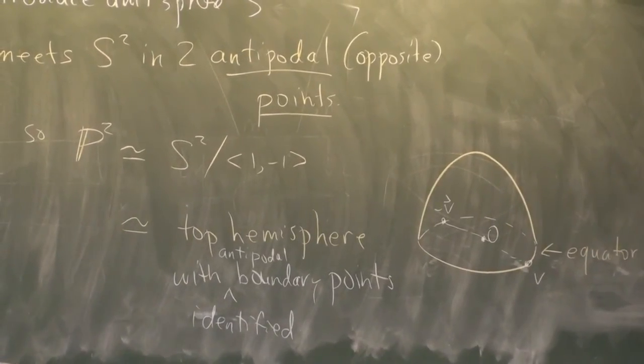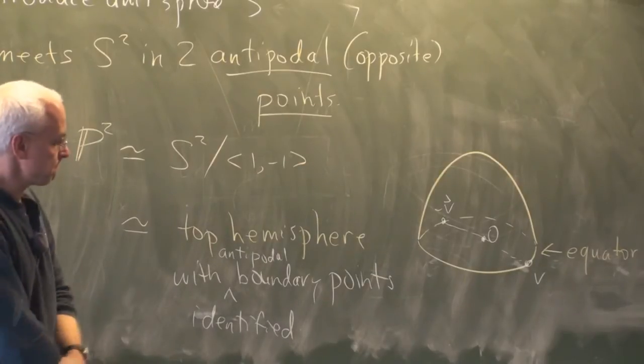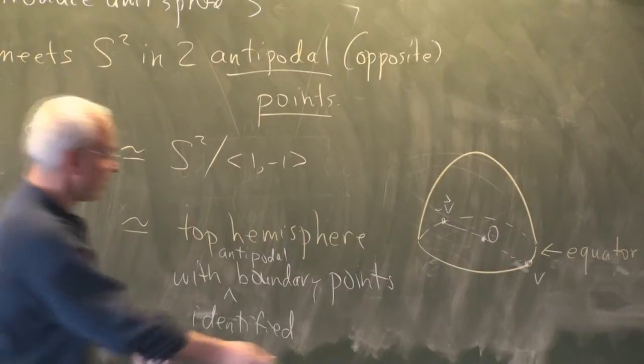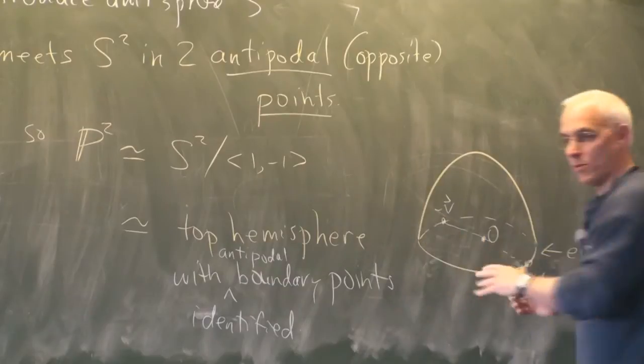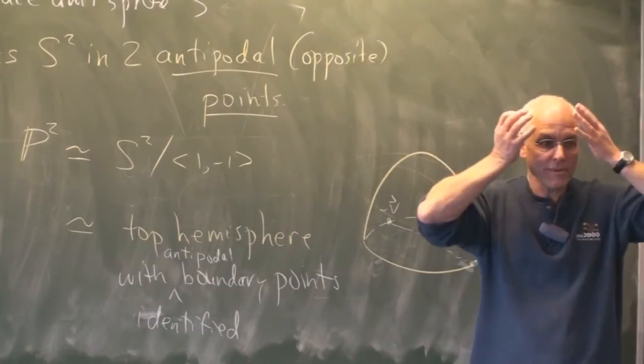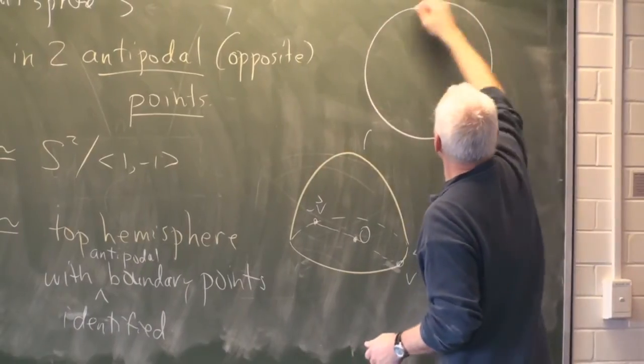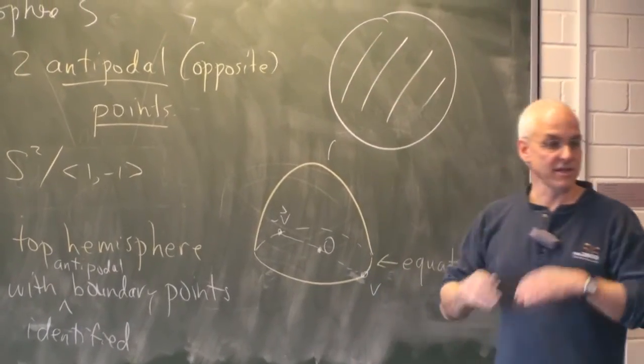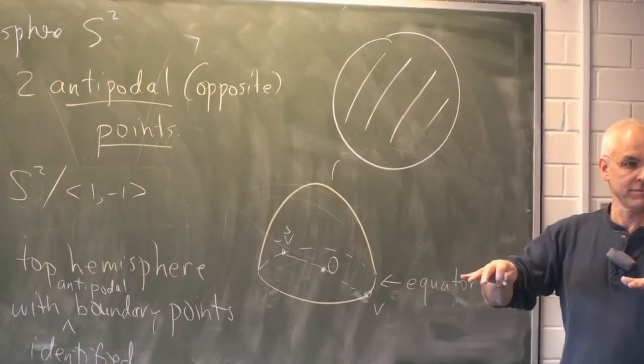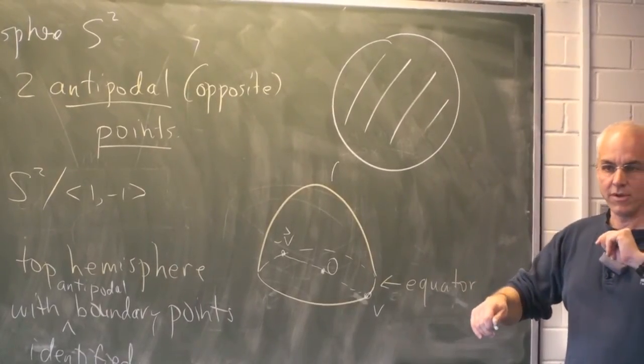Okay, so how does that identification work? Well, let's just take that top hemisphere, which is like a cap, okay, and we'll just flatten it out. Now it's a disk. What do we have to do?